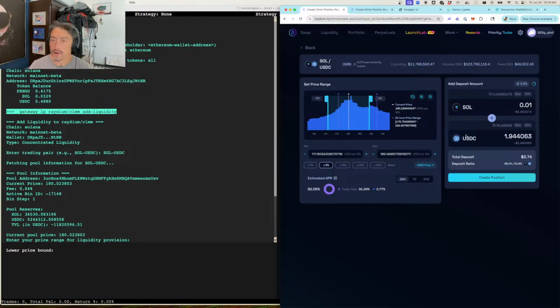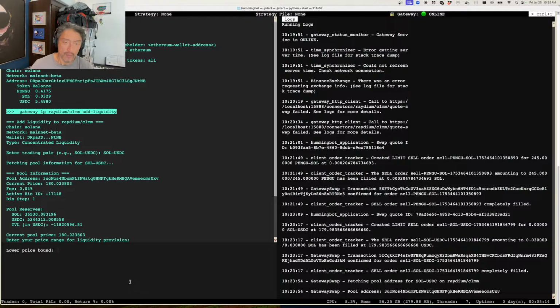So the ratio, if we did a 5% range, should be about 0.1 Sol and about $1.94. If we did that, we're depositing those assets in, and what it means is our liquidity will be active in this price range, and within this price range, we're filling any trade that goes through, and we're getting 0.04% fees for that trade. So we can do that here.